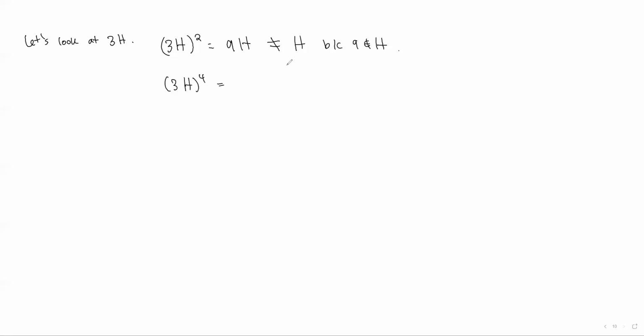We know the order has to divide 8, so I don't even need to check 3H cubed. So 3H to the power of 4 is 81H. Mod 32, 81 is the same thing as 17. So it's 17H, and 17H is equal to H because 17 is an element of H. Hence, 3H has order 4.